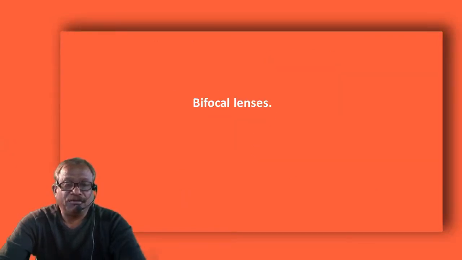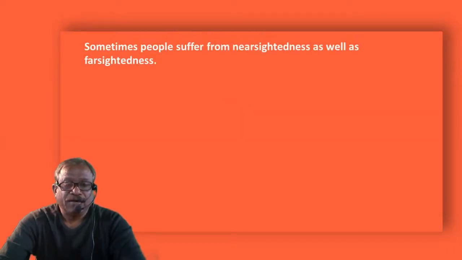Now, bifocal lenses. What happens? Sometimes people suffer from nearsightedness as well as farsightedness, both. They cannot see the near object, and also cannot see the object at long distance.